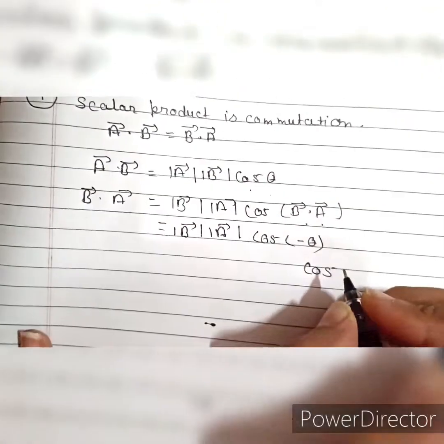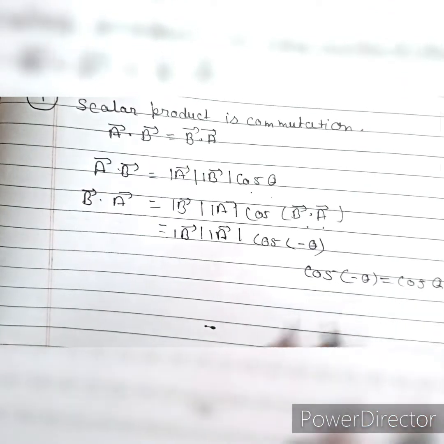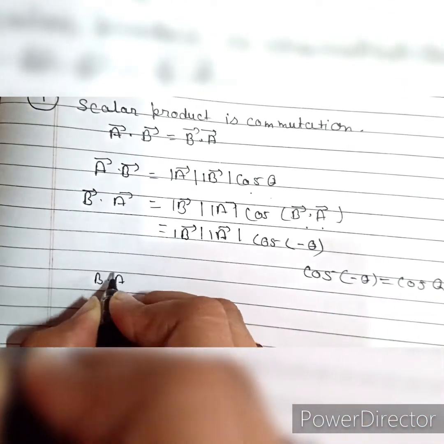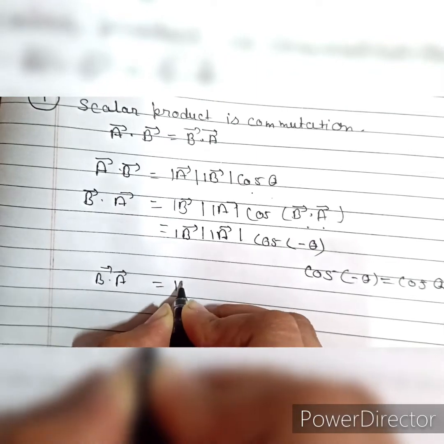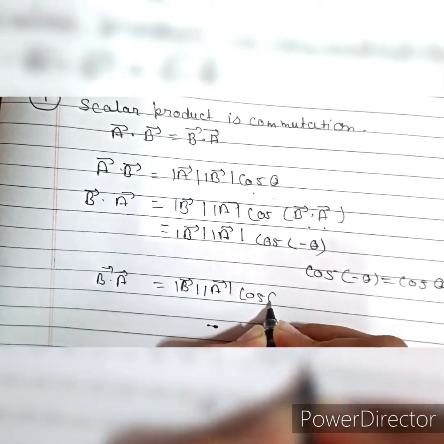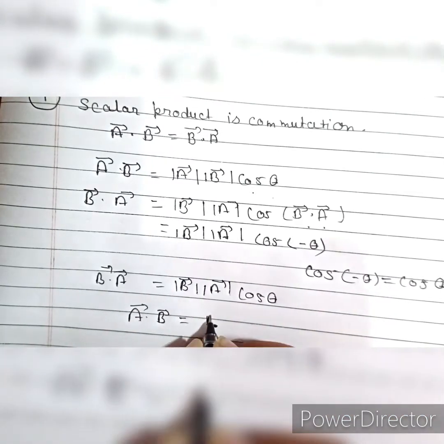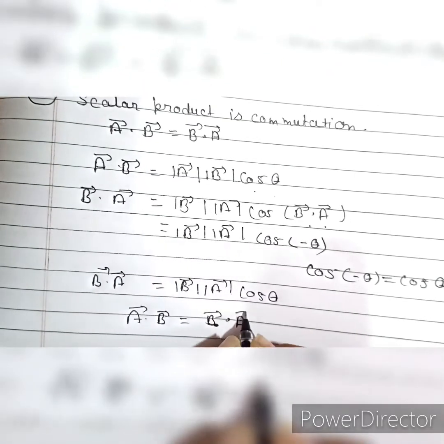We know that cos of minus theta is equal to cos theta. So B dot A becomes magnitude of B, magnitude of A, cos theta. So A dot B is equal to B dot A.